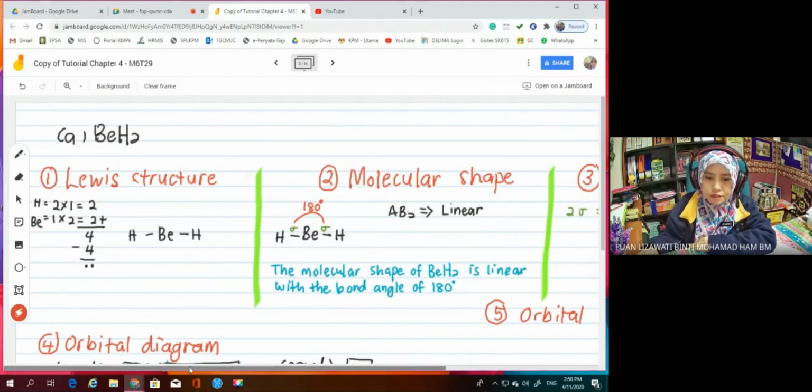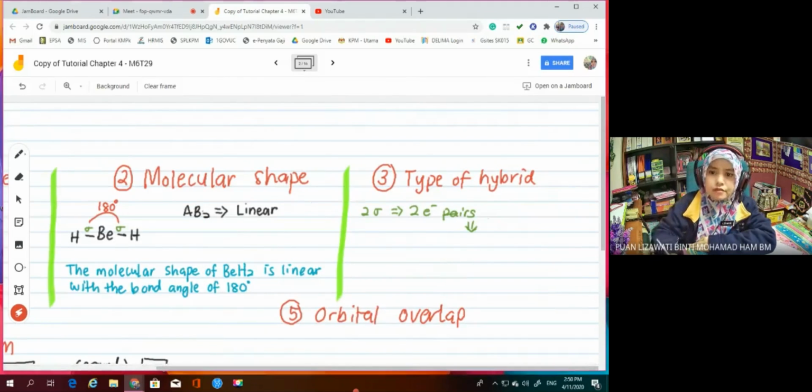Step number 3, what should we do? We have to determine the type of hybridization. How to determine the type of hybridization? We have to refer back to the molecular shape and count how many sigma bonds and how many lone pairs, if any. Since in this molecule there are two sigma bonds, there are two electron pairs present at the center atom.